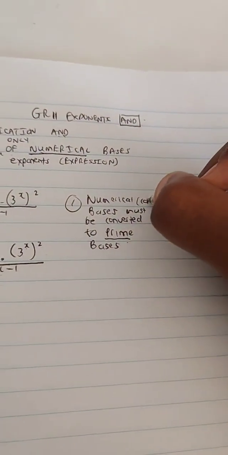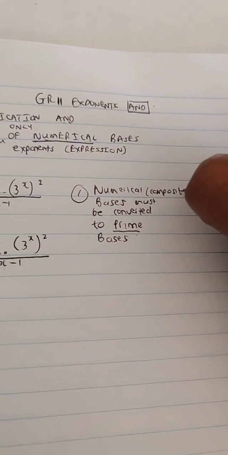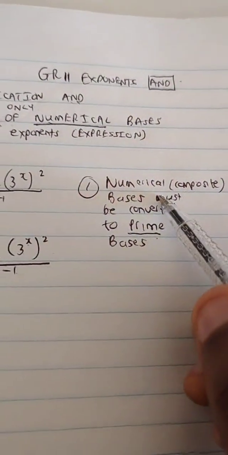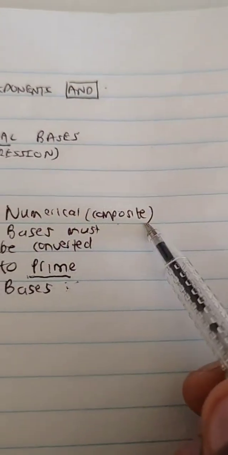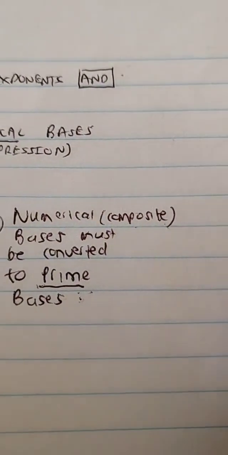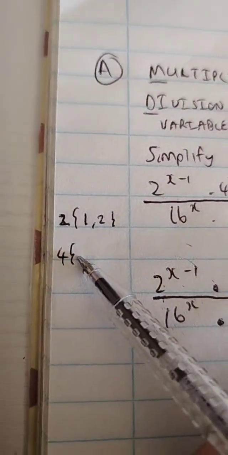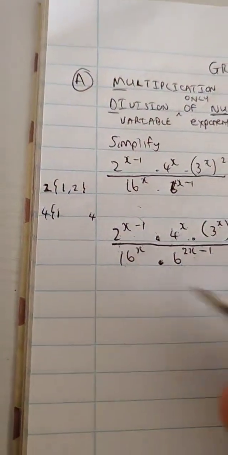All right, so we must convert the numerical composite bases to prime bases. Okay, by a composite number or a composite base, we mean a number that has more than two factors. So for instance, 4 has how many factors? 1 goes into 4. How many times? 4 times.